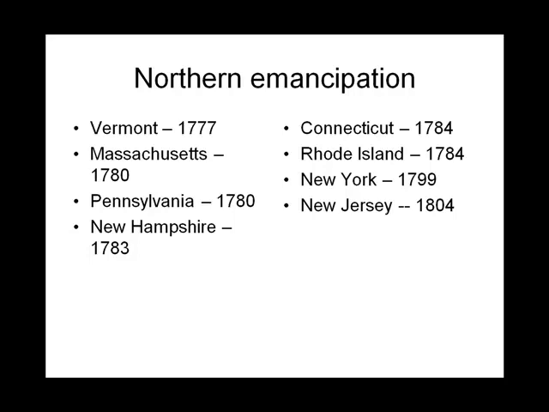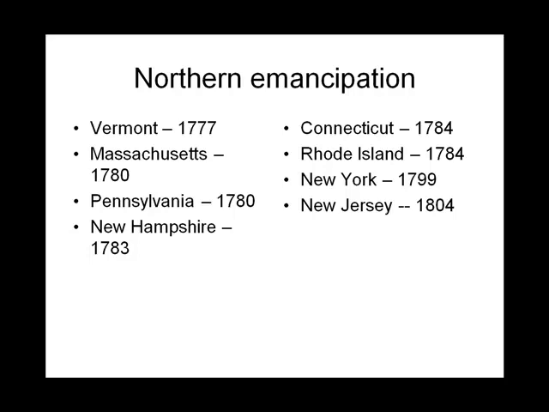And this type of emancipation, as you see in New York and New Jersey and in the other states, provided that children who were born to slave mothers after a certain date, in the case of New York July 4th of the year the law was passed, would be considered freeborn, but were legally required to serve their masters for periods ranging from 21 to 28 years before manumission would be effective.